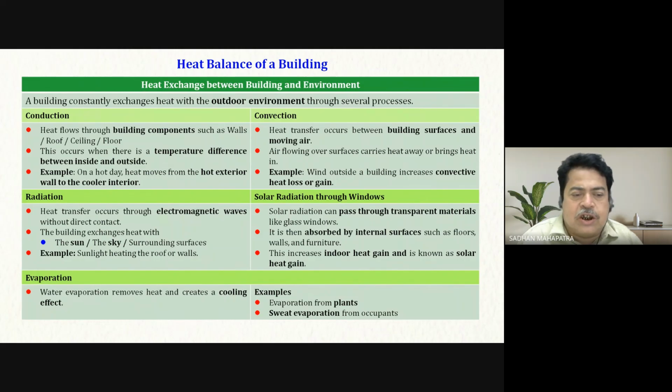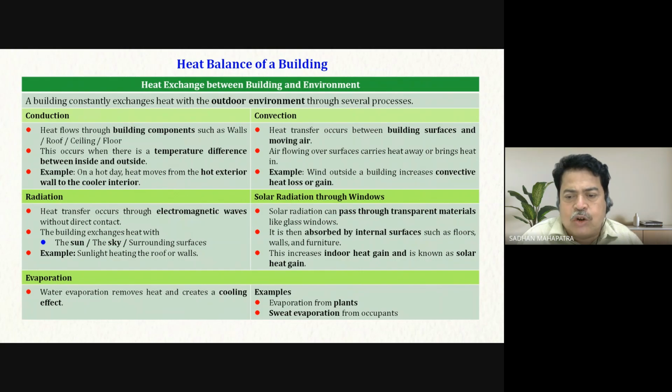Third is the radiation process. Heat transfer occurs through electromagnetic waves without direct contact. The building exchanges heat with the sun, sky, and the surrounding surfaces. Say sunlight hitting the roof or the walls. Solar radiation through the windows. Solar radiation can pass through transparent materials like glass windows.